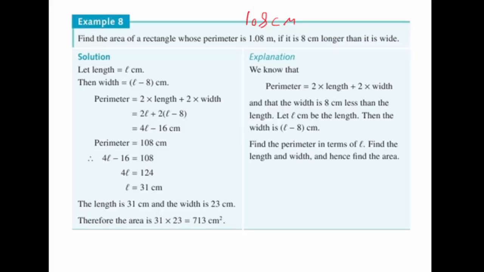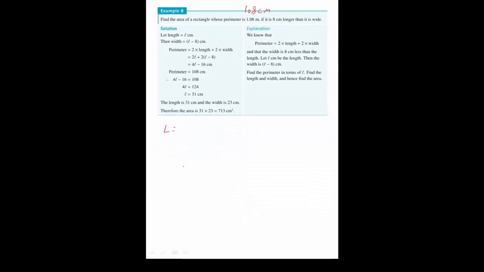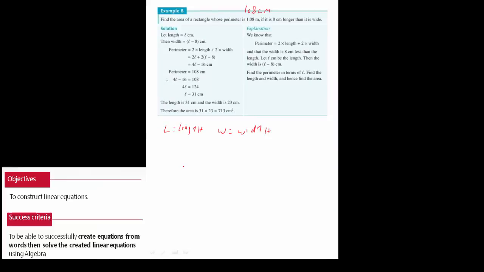So let L be the length and W equal the width. Now I'll solve it in a slightly different way than what is shown there. You can do it either way, it's the same. I'll do it in the more natural, more logical way.